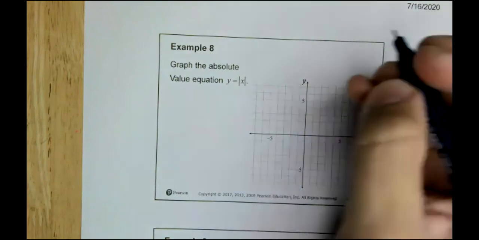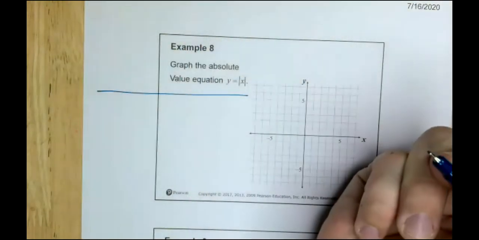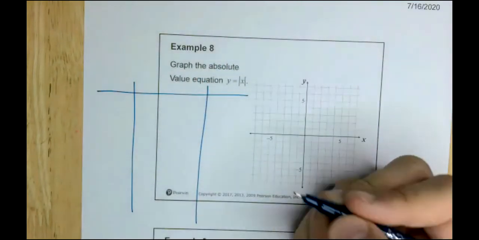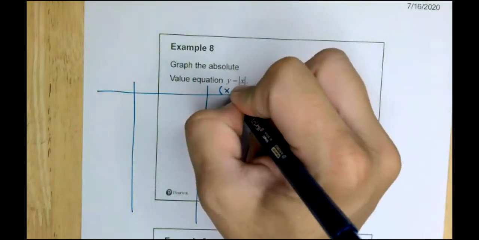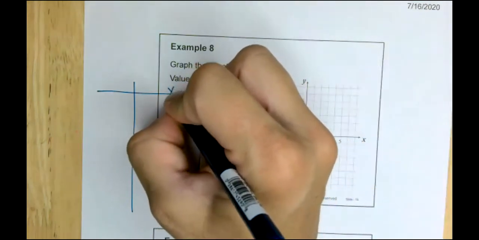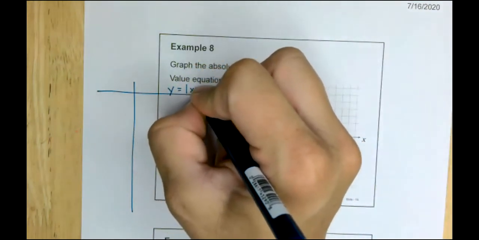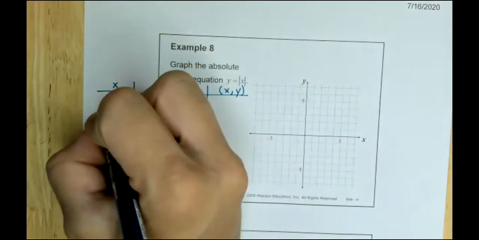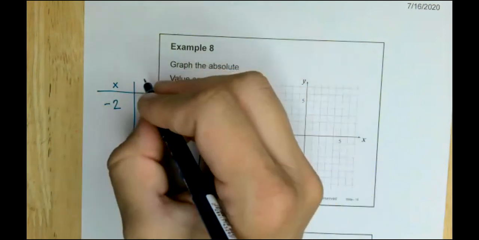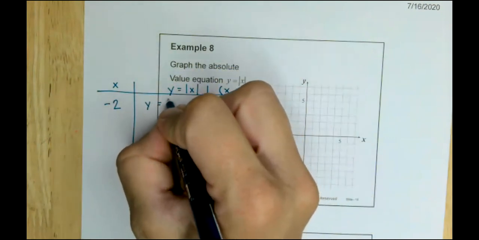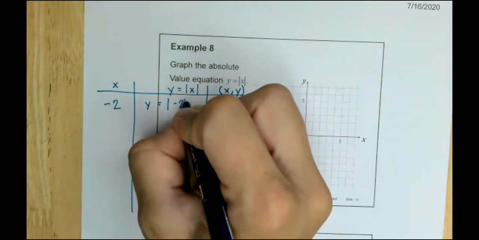So when I'm finding points for this, I want to use some points that are negative just to find out what happened to the graph, okay? Y equals the absolute value of x. So x is -2. Y equals the absolute value of -2.